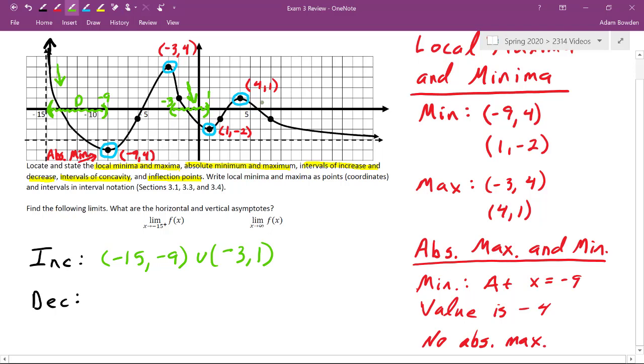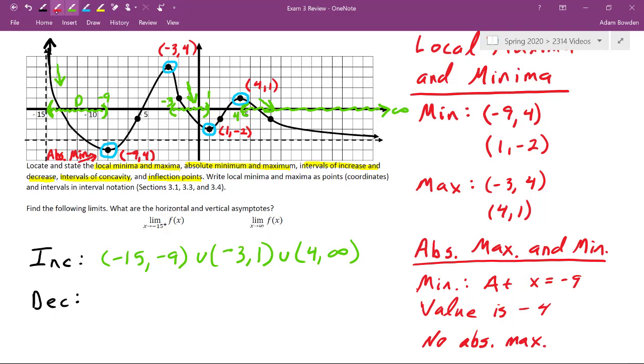And then it starts going down over here as well. So there's where it's also decreasing, and that starts at 4 and goes off as the graph continues toward infinity. So another interval of decrease is (4, infinity). Now the intervals of increase will be all the other parts of the graph.